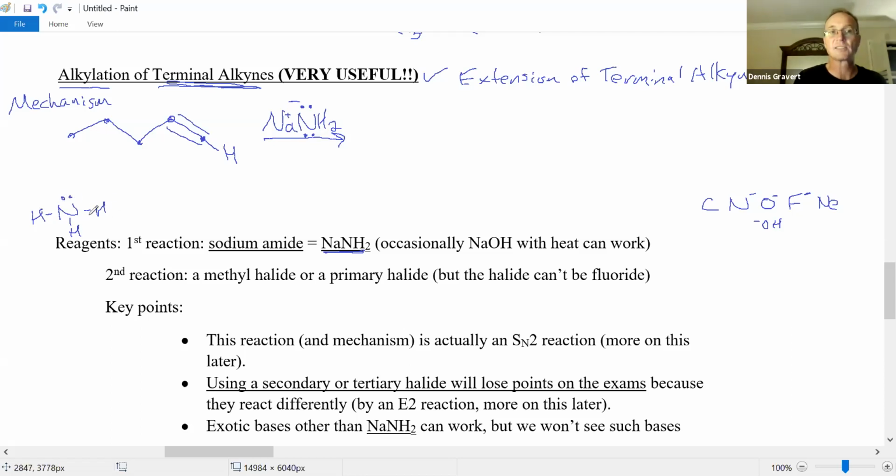You steal an H, that line becomes 2 dots, a second lone pair. Okay, that's ammonia. This is called sodium amide when it's used as a base. The lone pair will grab this H. These bonding electrons make a U-turn and become an anion, a carbanion.